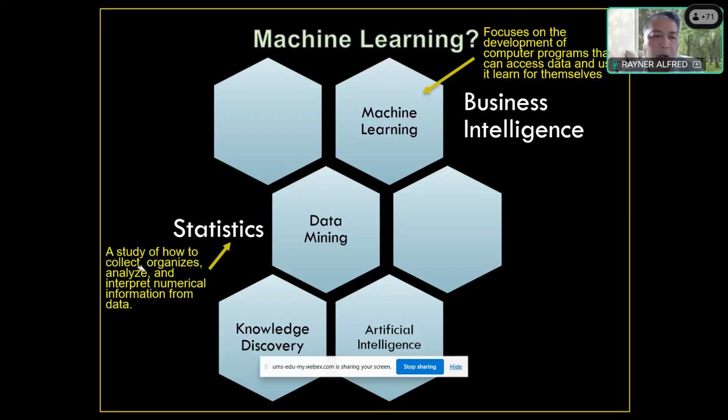Statistics is a study on how to collect, organize, analyze, and interpret numerical information from data. So you have descriptive statistics and many other calculations that can be used by machine learning. So machine learning is a program that uses statistics to extract hidden knowledge.